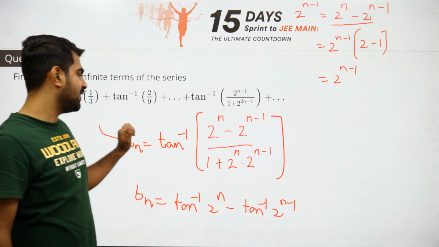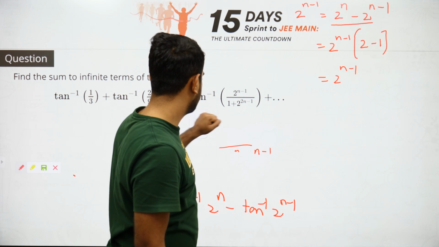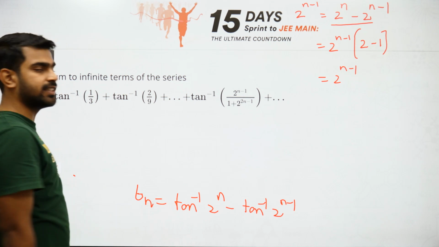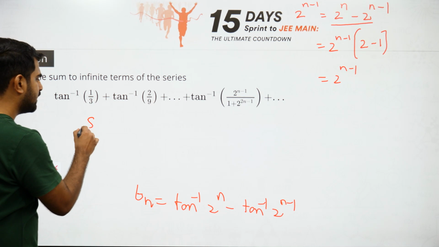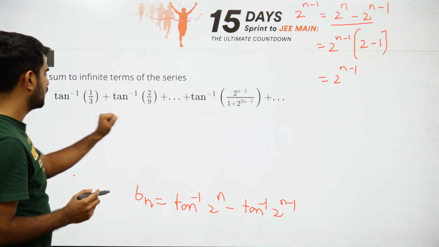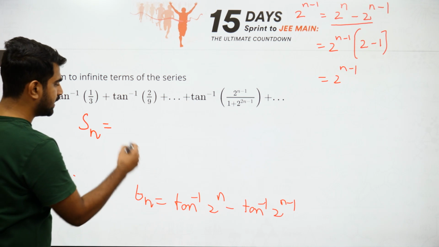So I will erase this. Now I have got a very nice nth term. So now I have to sum everything, right? What is Sn? Sn is equal to first term. What is first term?